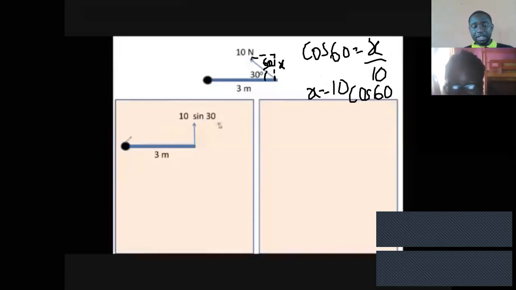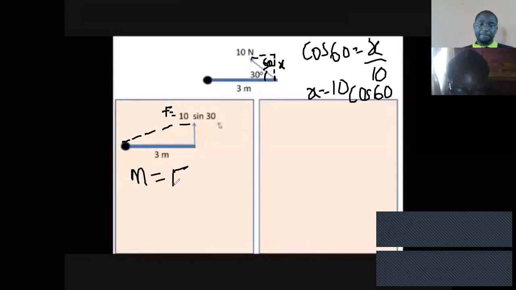So if we now take the moment from this, taking this as the force and this as the distance, moment equals F, that's force, times the distance.